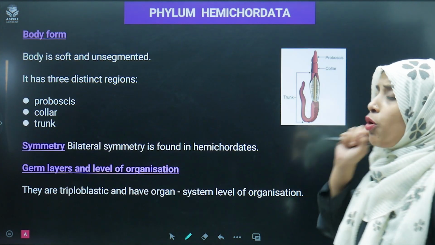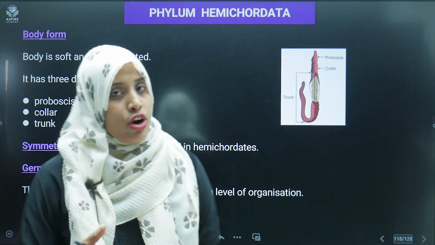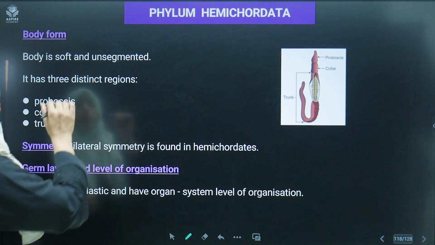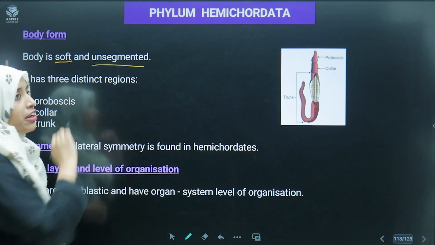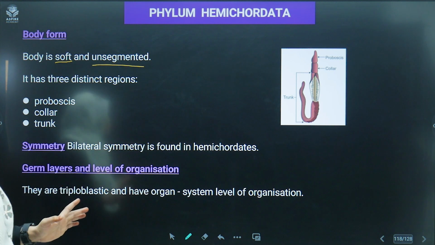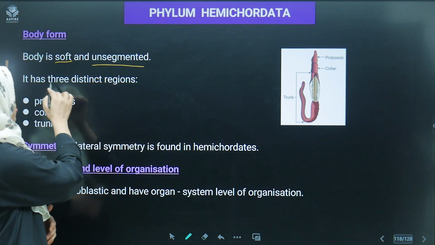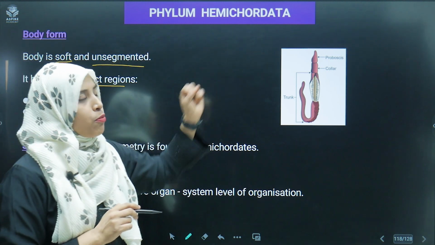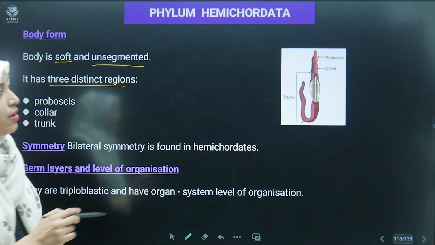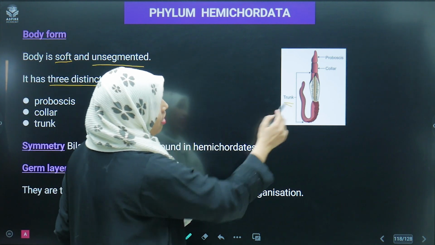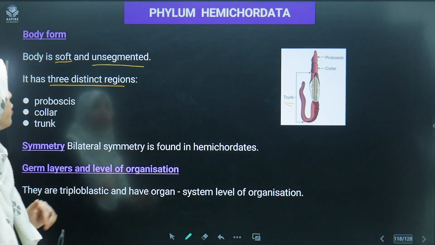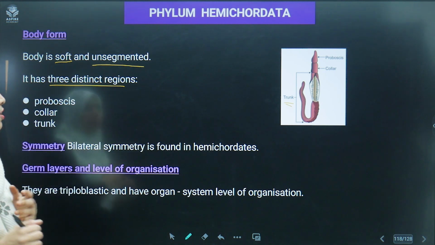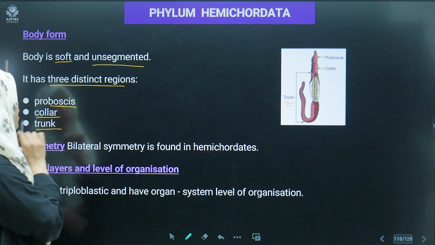Now the body form. Into what forms can the body of hemichordates be divided? The body is very soft and unsegmented. It is soft, and we cannot see segments. It has three distinct regions: as you can see, proboscis, collar and trunk. The whole body part is the trunk, and the collar region is just below the proboscis.